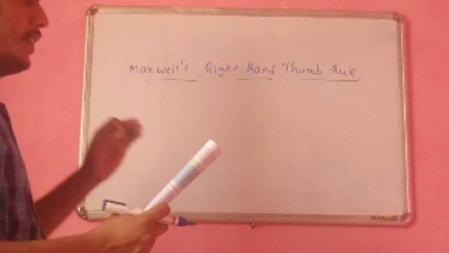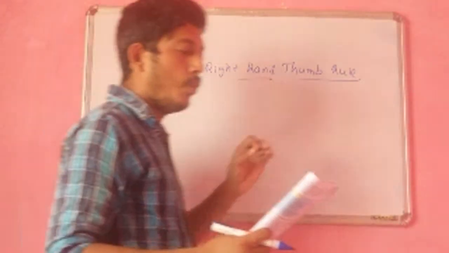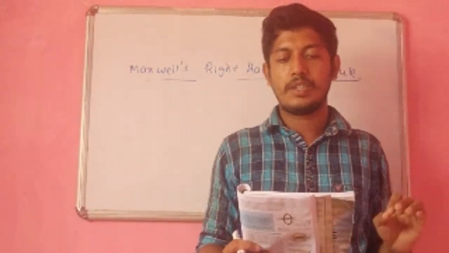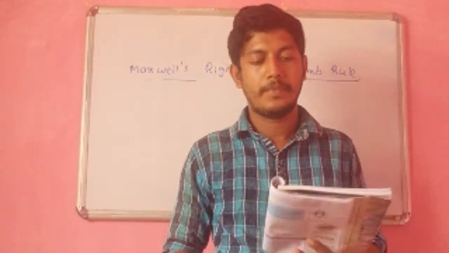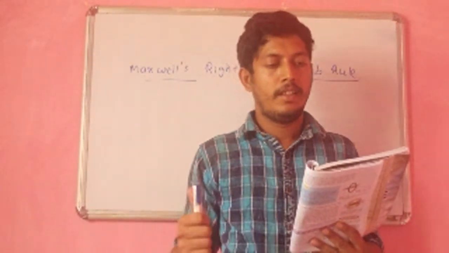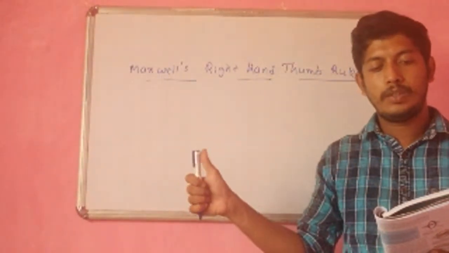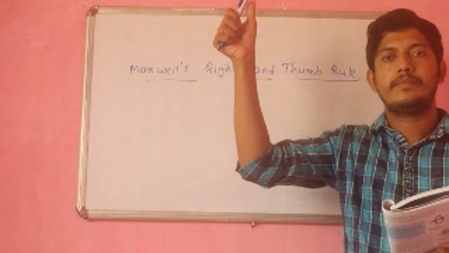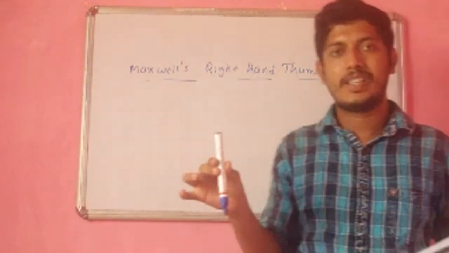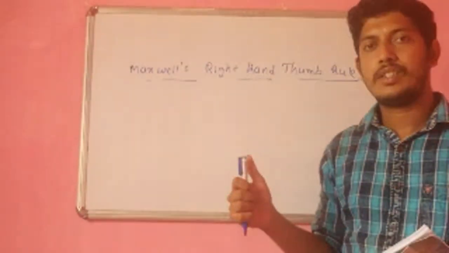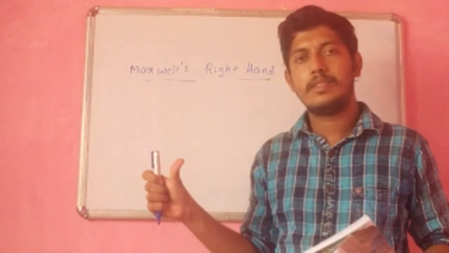So you are given, imagine that you are holding a current carrying straight conductor in your right hand, such that the thumb points towards the direction of the current. For example, this is a conductor and I am holding that conductor in my right hand, and this is the thumb.